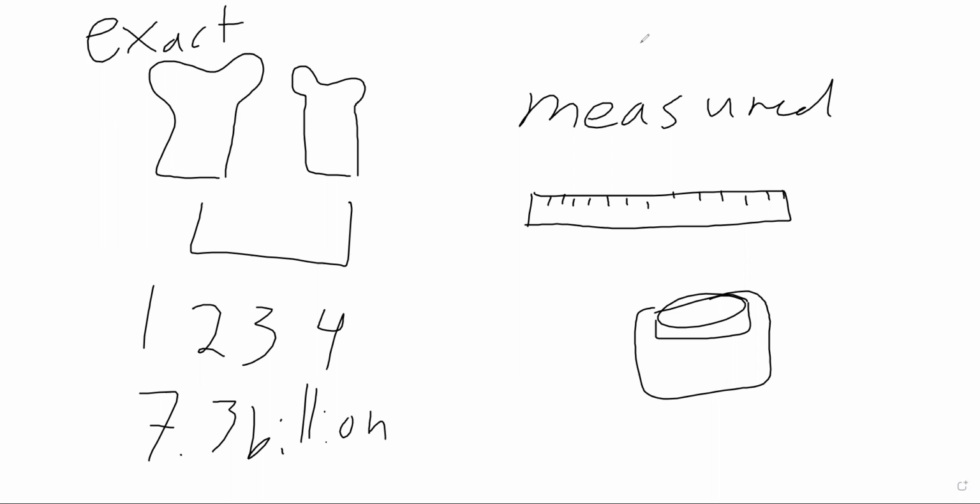For example, if I gave you a grape and a ruler and I asked you to measure the grape and it looked like it was somewhere between 2.3 centimeters and 2.4 centimeters in diameter, you could round either up or down, depending on where it was at exactly.